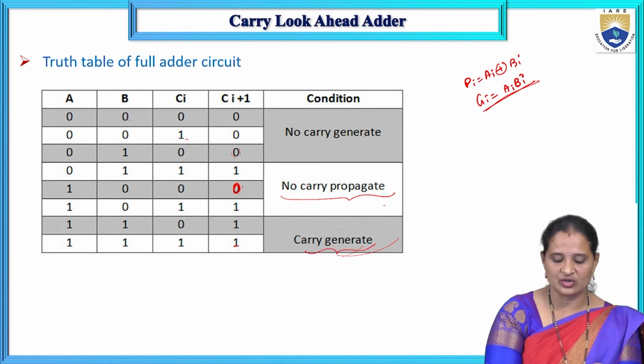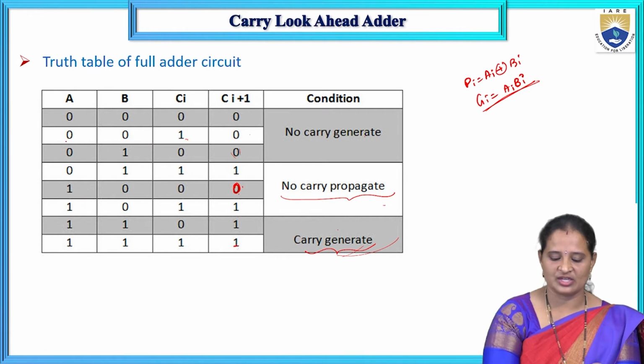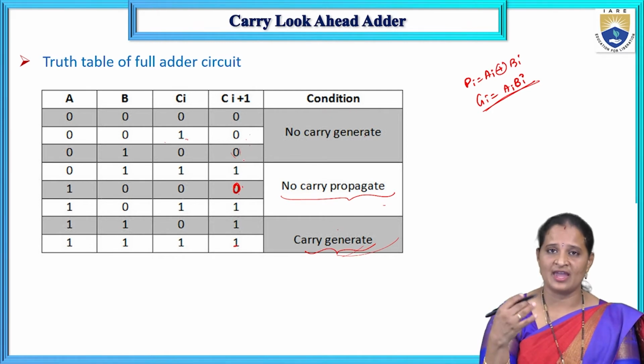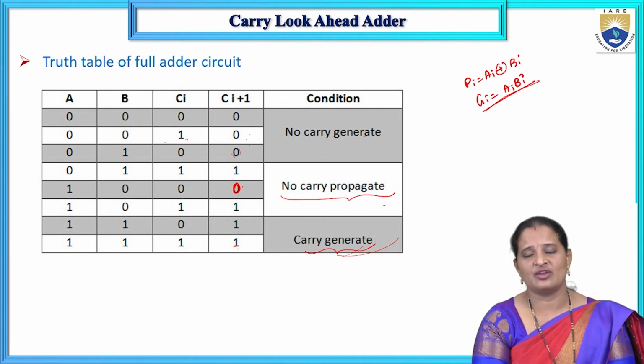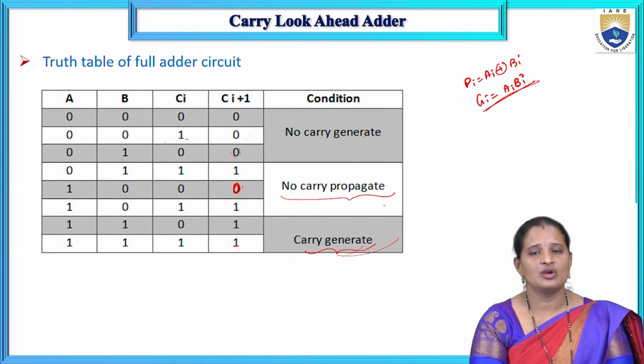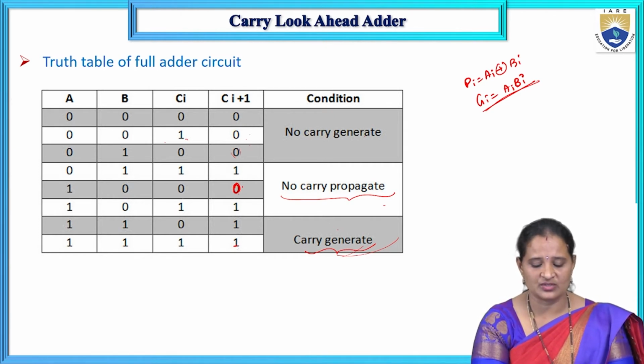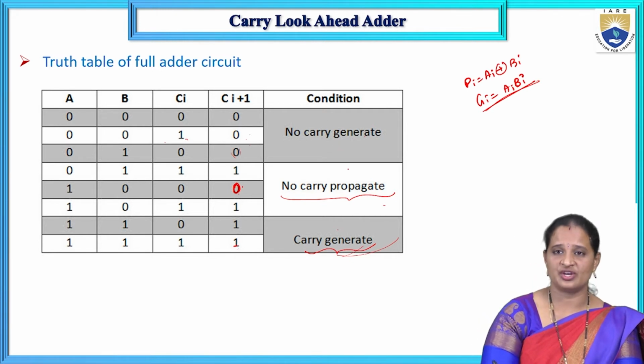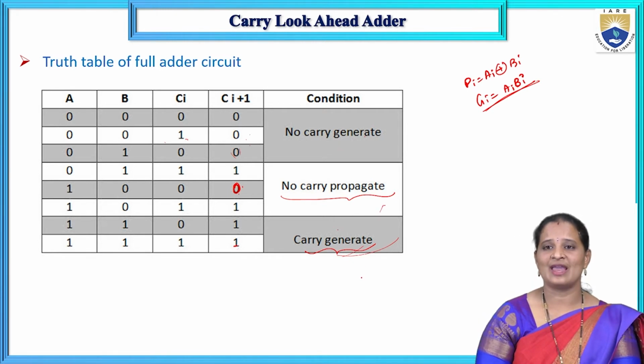Whereas for this one, 0, 0, 0, no carry generated. 0, 0, 0, no carry generated. 0, 1, 0, no carry generated. If the carry itself is not generated, then what about the propagation? The carry will also not be propagated. So that is why here, no carry generate, no carry propagate, and carry generate.